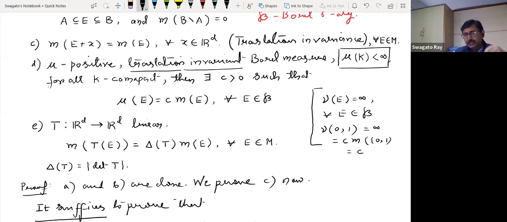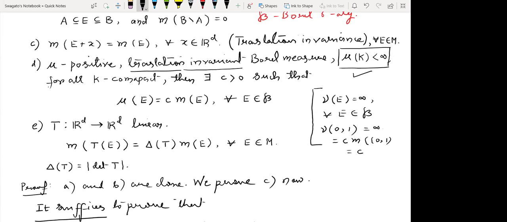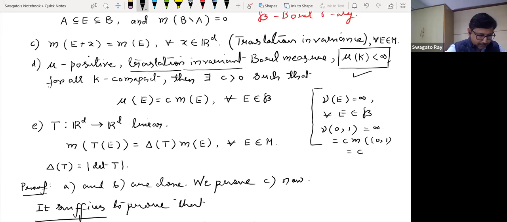And you want your measure to be a constant multiple of Lebesgue measure, so you must put some analogous property. You put that measure of any compact set is finite. Then it turns out that the measure is a constant multiple of the Lebesgue measure. Am I clear why this condition has been added? Yes, sir. It's a very important property, otherwise we will be in deep trouble.